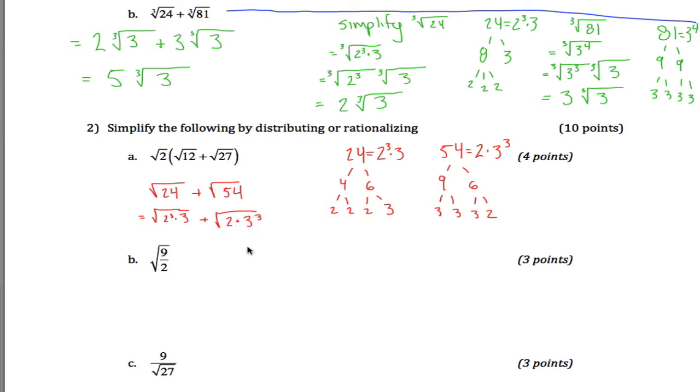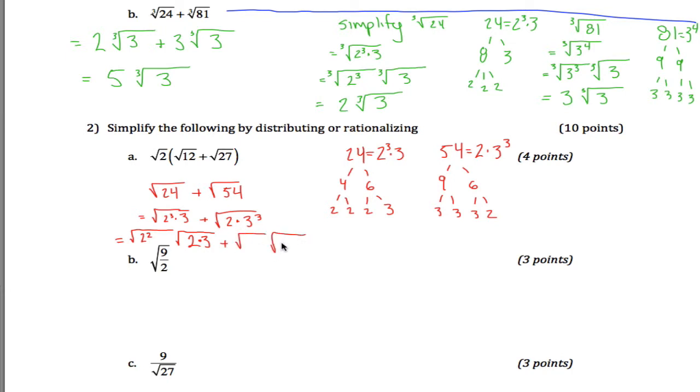times 3 cubed. So if I break this up into kind of good radical, bad radical, maybe over here, I can say, try that again. I got 3 of these 2's, put 2 of them on this good side and 1 of them on this bad side. I got one of these 3's, so put that over on the bad side.